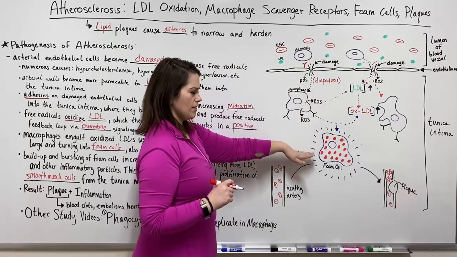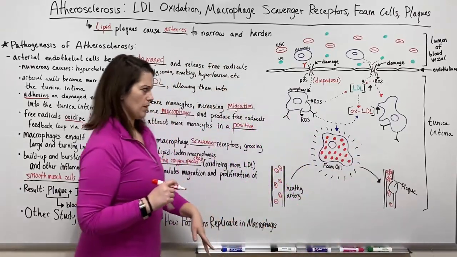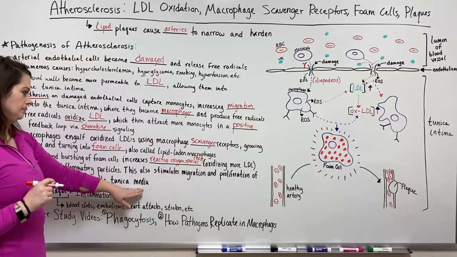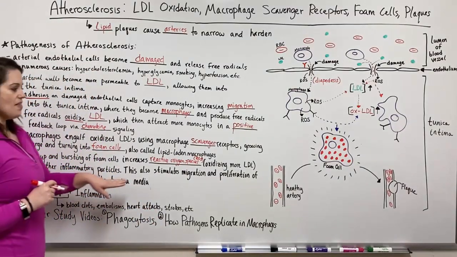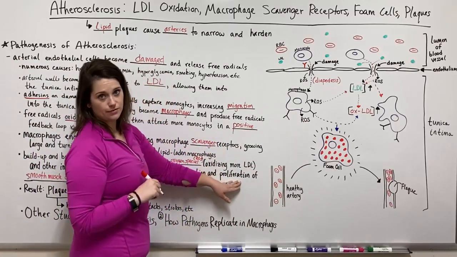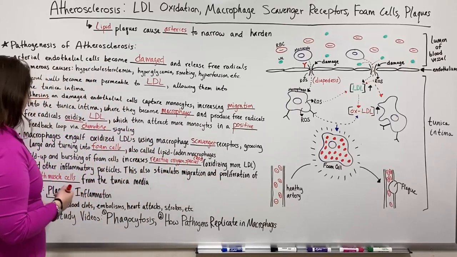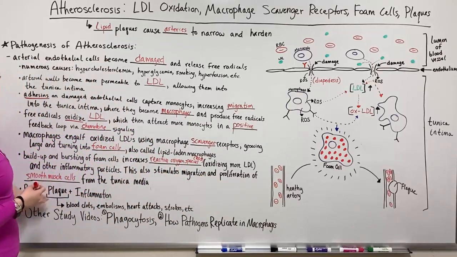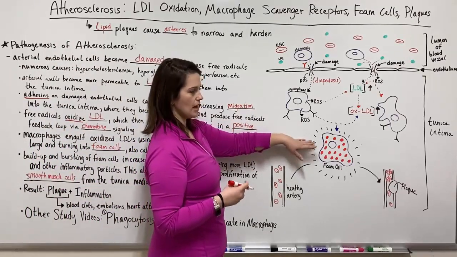This is all happening in the tunica intima, and then in another layer below that, you've got something called the tunica media, and you've got some smooth muscle cells there. And they can actually migrate up into the tunica intima and then proliferate there, so make more of themselves, divide and reproduce.